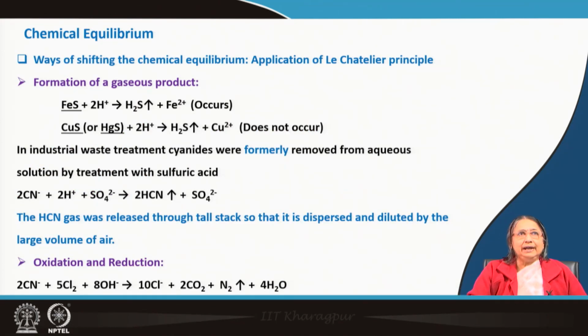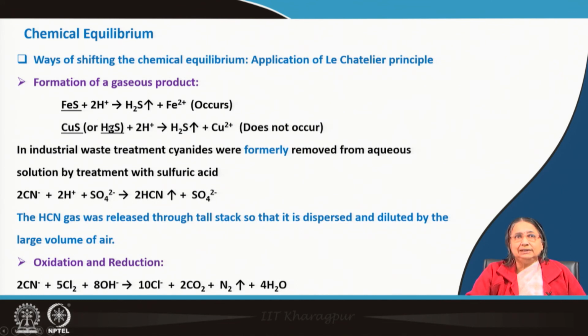Now, another way is the formation of a gaseous product. Say, for example, this solid is reacting with H plus to form H2S gas, which is out of the equilibrium, so the reaction goes towards the forward direction. You see that with copper sulphate and mercury sulphide, this reaction does not occur. Why?